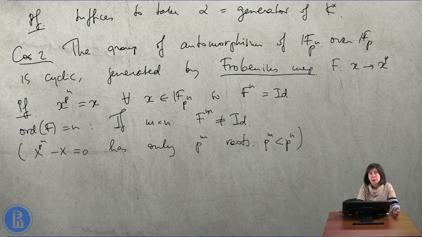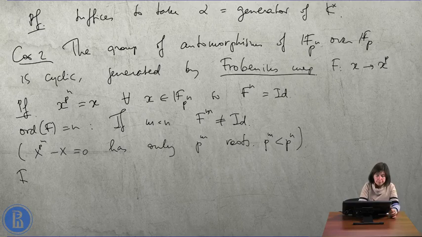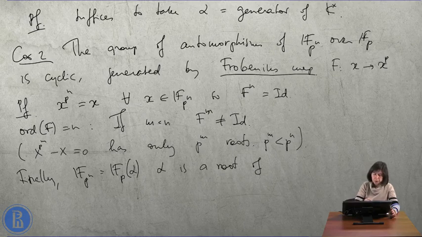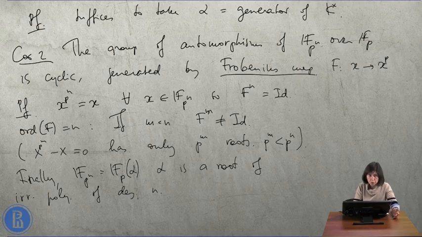Well, and finally, F_p to the power n is F_p of alpha, where alpha is a root of an irreducible polynomial of degree n, so it cannot have more than n automorphisms.